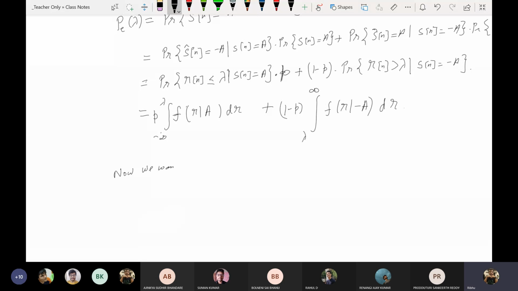we want to minimize this with respect to lambda. I am not integrating first because this is a Gaussian function, and the Gaussian function is not integrable in closed form. This you might know already, right? We have the table too.